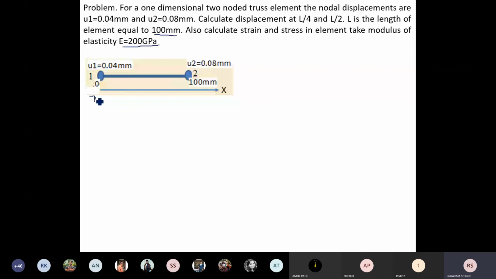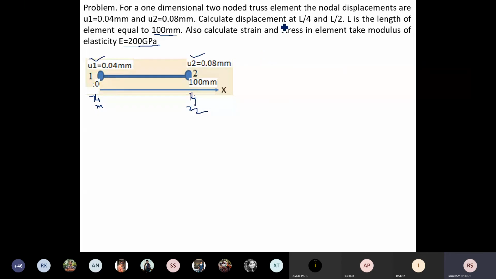Here xi is equal to 0 and xj is equal to 100, or it is x1 is equal to 0 and x2 is equal to 100, because this is the 100 millimeter length of that element. Now displacements are given. Displacement of node number 1 is 0.04 and displacement of node number 2 is 0.08.